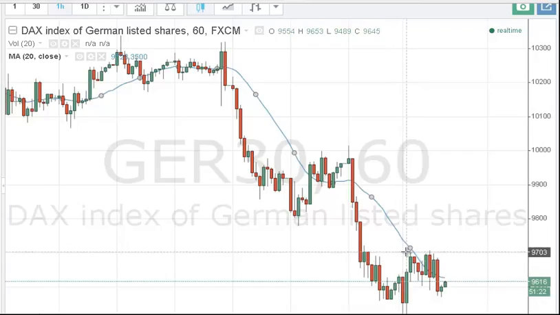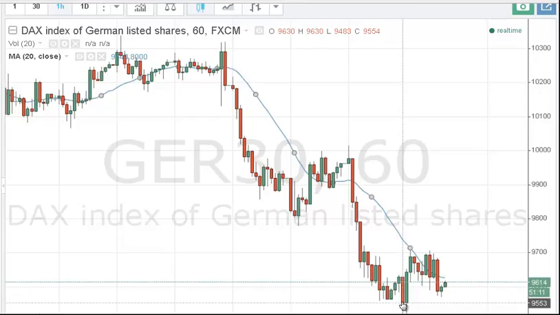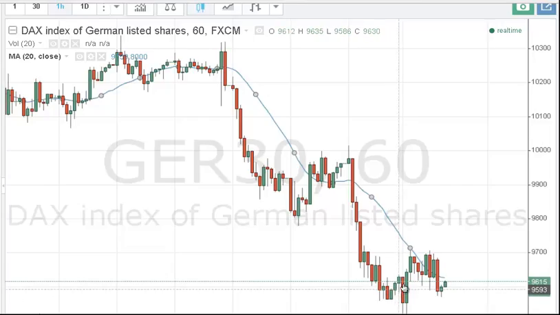The top being 9,700, bottom being 9,550 or 9,500, depending on whether you believe you're only bothered about the main body of the candle or you care about the wick.